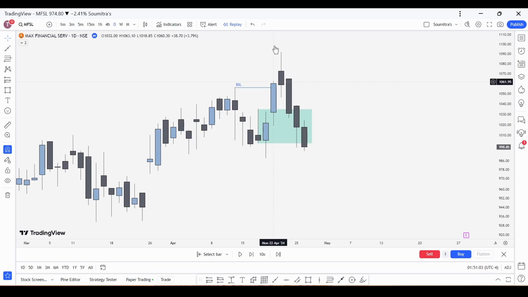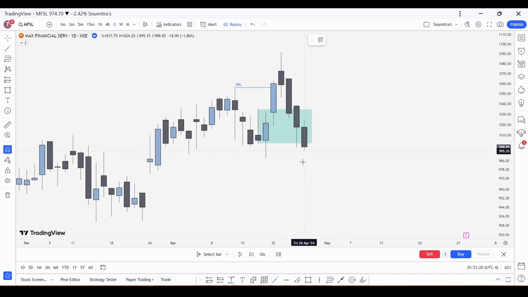So if it is a bullish structure, then any kind of order blocks should not be violated on a closing basis like this.